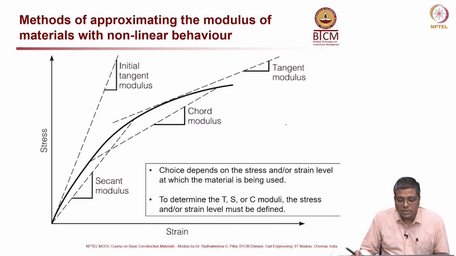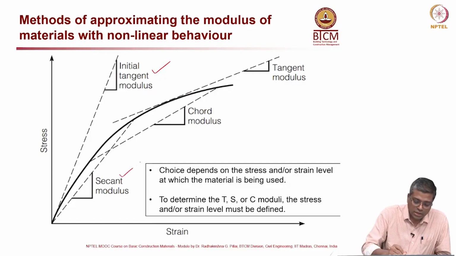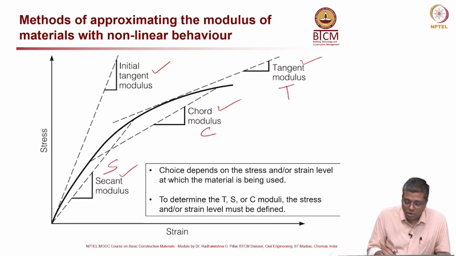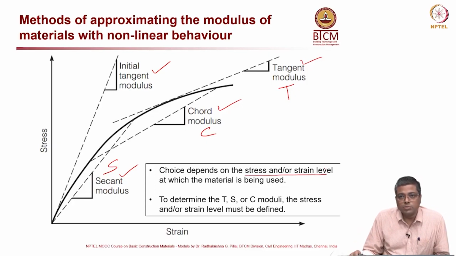Now, how do we get some numbers for design purposes based on this elastic behavior? There are different moduli which we consider: initial tangent modulus, secant modulus, chord modulus, and tangent modulus. So, this is S, C and T. Okay. Now, how do we choose a material considering all this? That depends on the stress or strain level at which the material is being used.